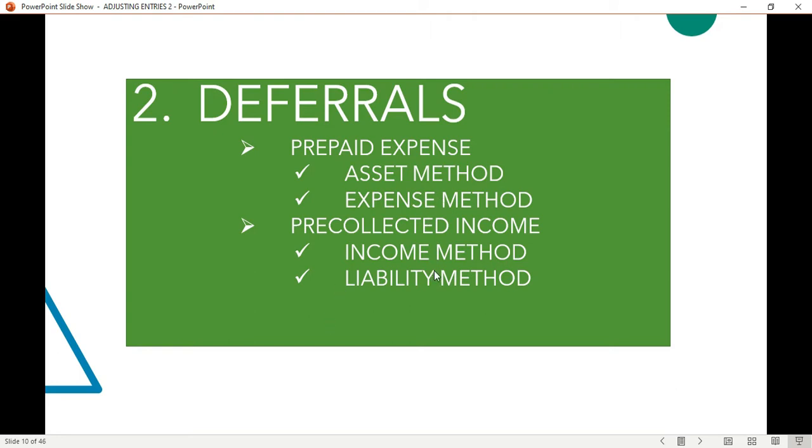Then for pre-collected income, there are also two methods on how to recognize pre-collection. You have the income method, which means that you will be recognizing the entire collection as income, while in the liability method, you will be recognizing it as a liability.